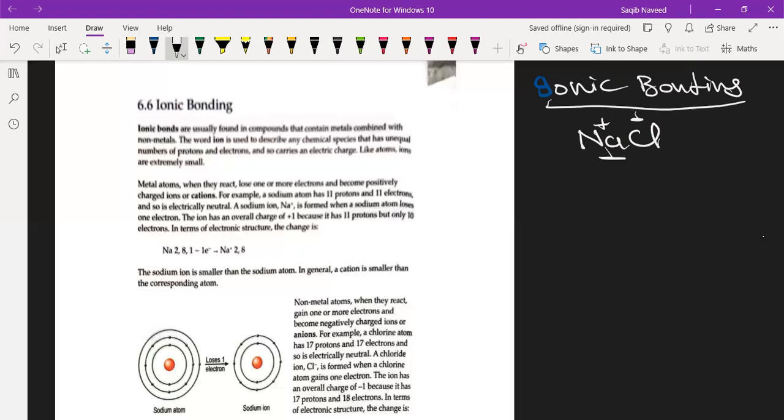Ionic bond is the bond between two ions, and definitely it would be two opposite ions. One would be positive and one negative. Similar ions will repel each other and opposite ions will attract each other, right? Got the point, beta?